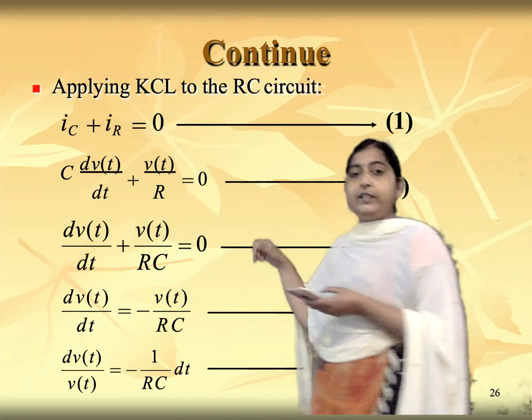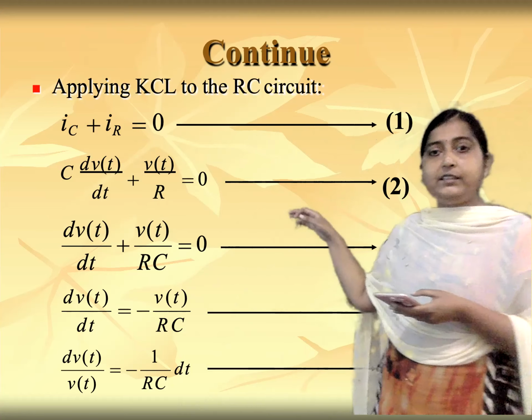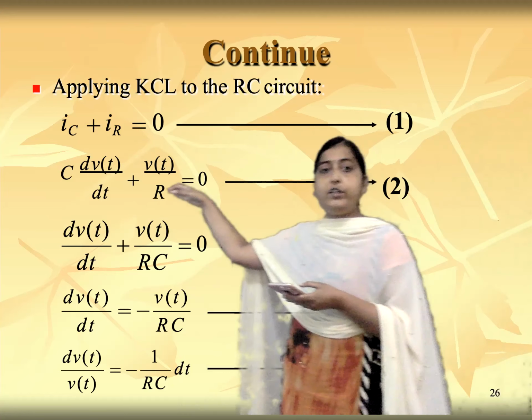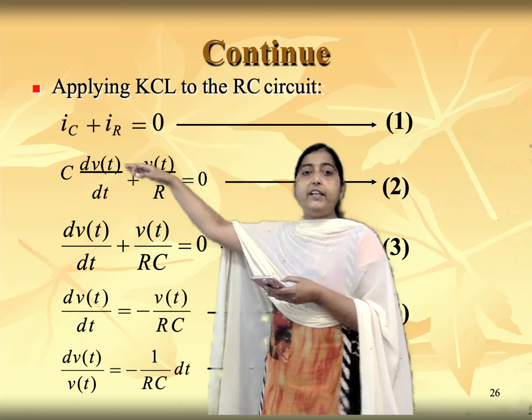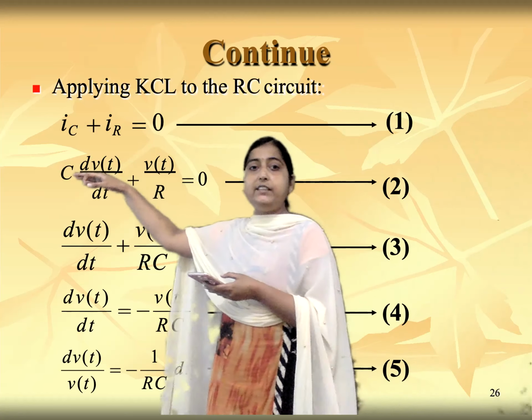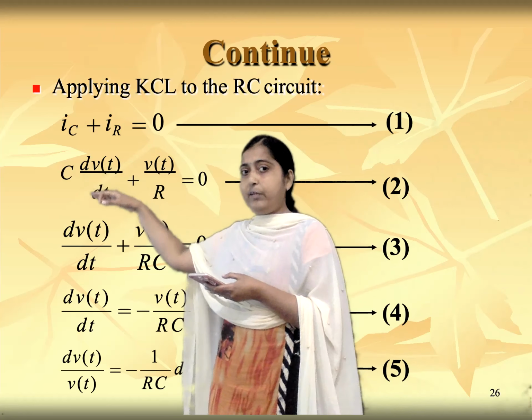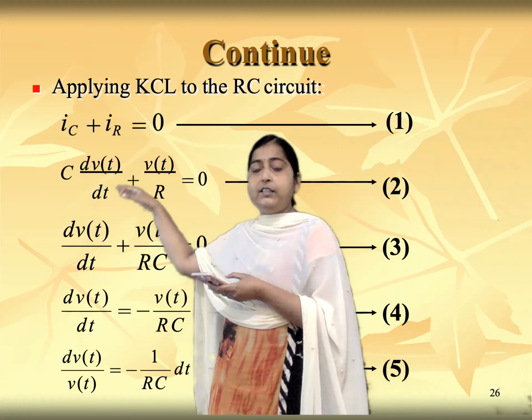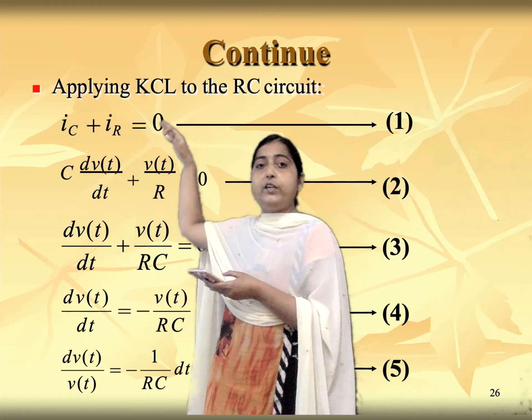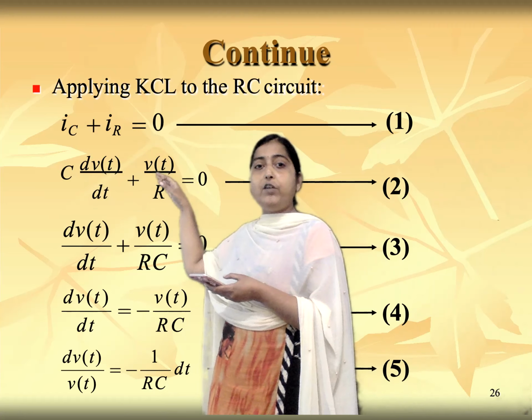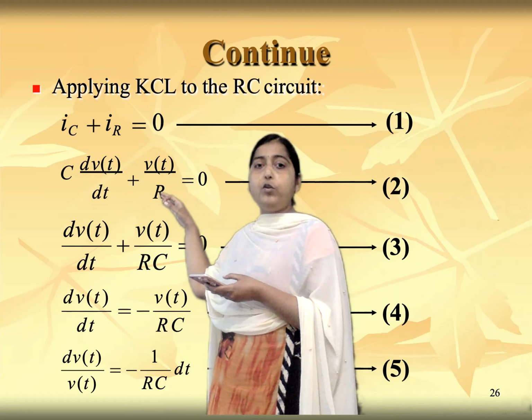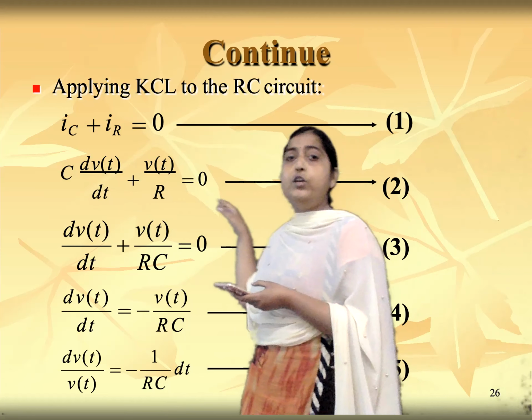Now expressing the currents through the capacitor and resistor in terms of voltage, we know the current through the capacitor is C into dV of t by dt, plus the current through the resistor is V of t divided by R according to Ohm's law, which is equal to 0.